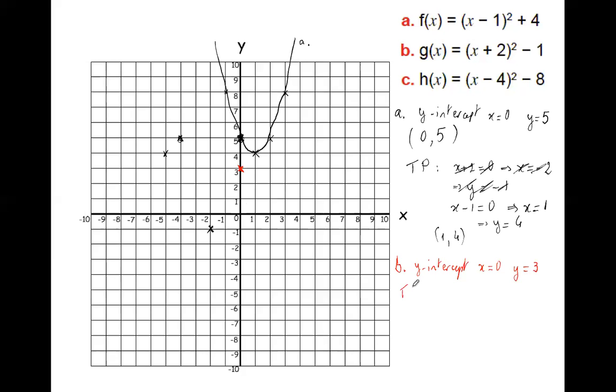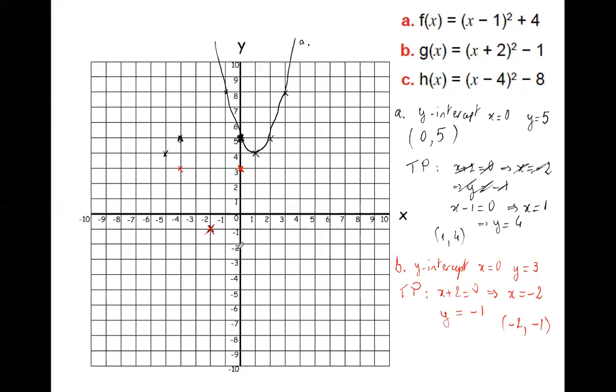Turning point, x plus 2 equals 0, then x equals negative 2. And when that happened, y equals negative 1. So negative 2, negative 1 is my turning point. So I've got 2 there, so that should go here.